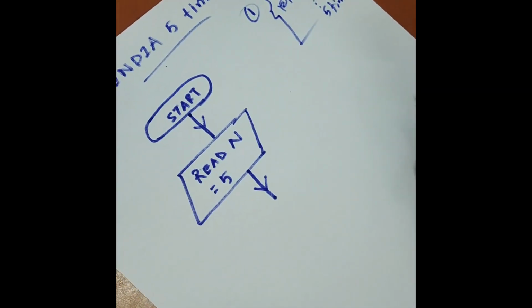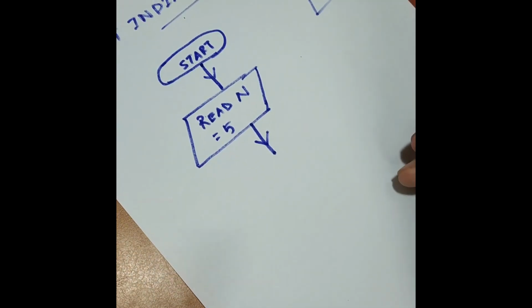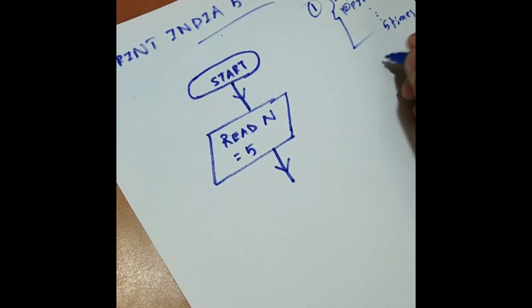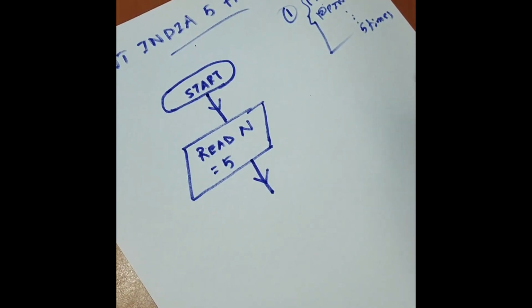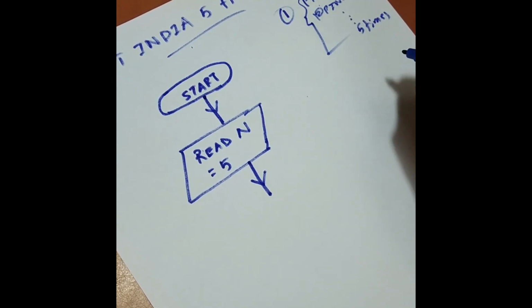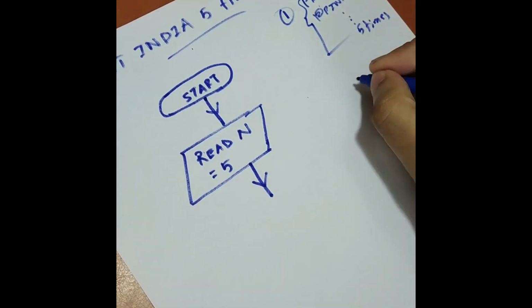Like that. Okay. So now the decision box comes into play. How? First time it will print India. For example, India.